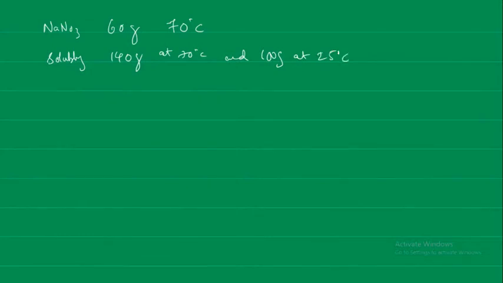So here we need to know how much sodium nitrate is required to prepare 60 grams of the crystals from the saturated solution at 70 degrees. We know the solubility at 70 degrees and at 25 degrees.